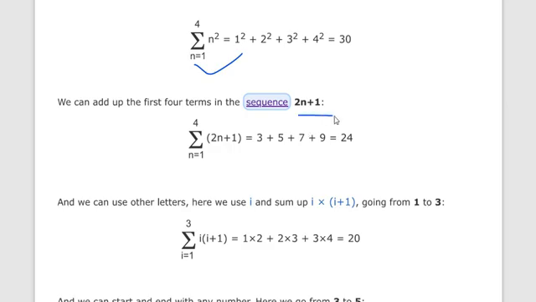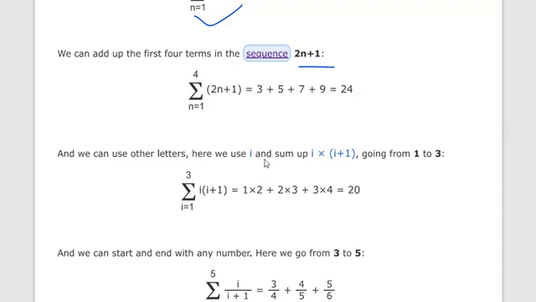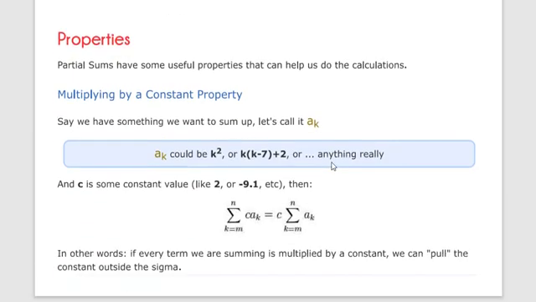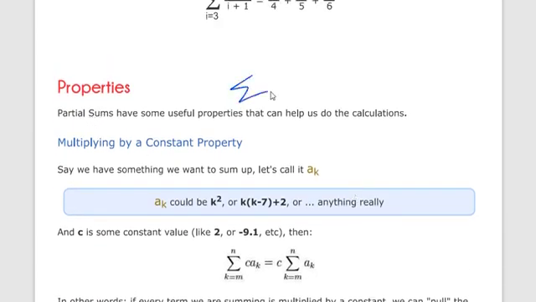We can add this sequence also, 2n plus 1. Anything you can write, we can get the addition with the help of the sigma function. This is also one of the sequences, i times (i plus 1). We can get the first term, second term and third term, and the addition of the first to third term also.